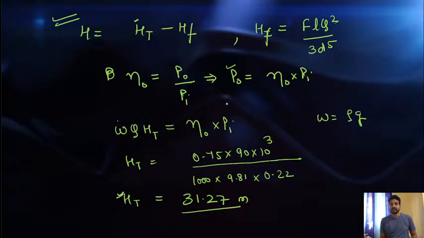Now calculate the HF value. HF is my capital F. So we have the value of small f. So capital F is 4f L, and it is Q square divided by 3d5, right? So we have everything.